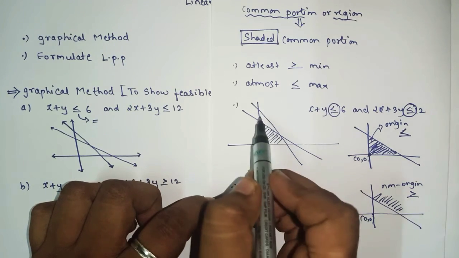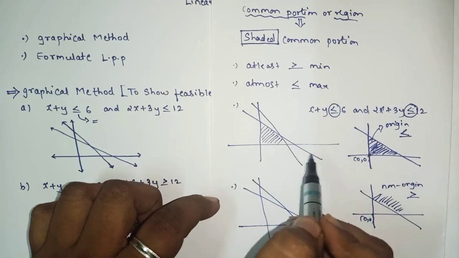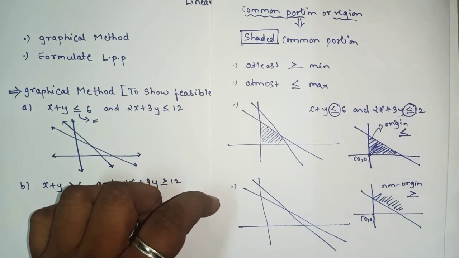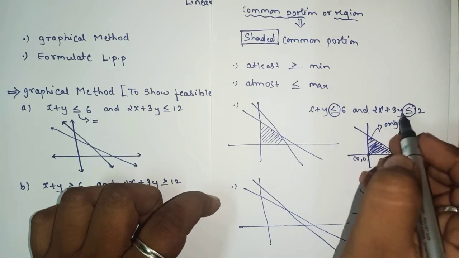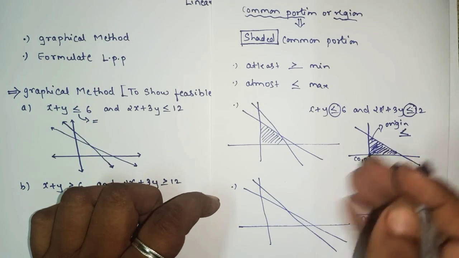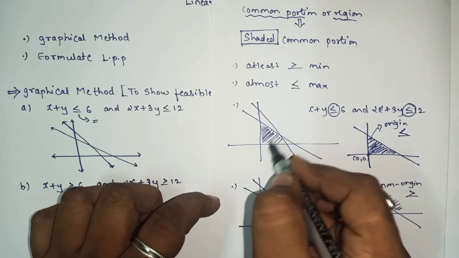So remember, whenever you have two linear inequations, and for each and every equation it contains less than or equal to, always and always the feasible region will be inside.